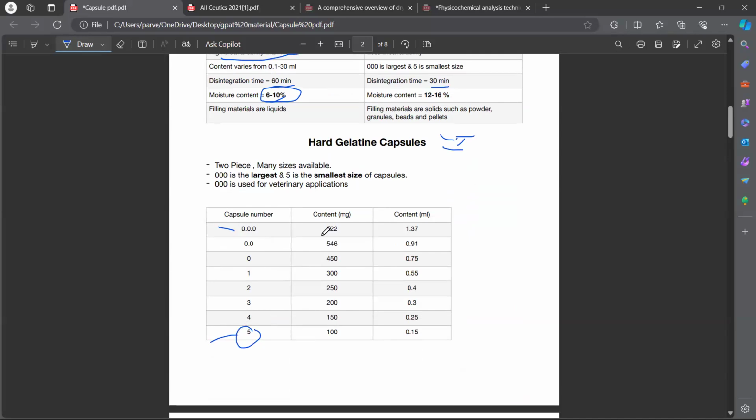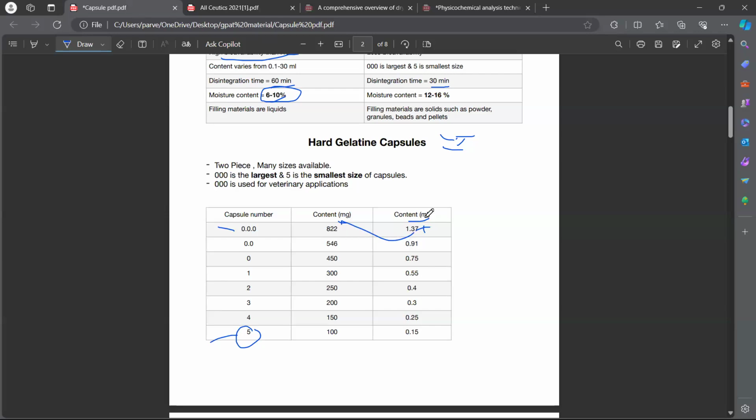Here you have to remember any one number, either the content in ml or the content in mg. If you remember the content in ml, by dividing it by 0.8 you can get the content in mg, because density is equal to mass by volume, and the density of gelatin is 0.8.